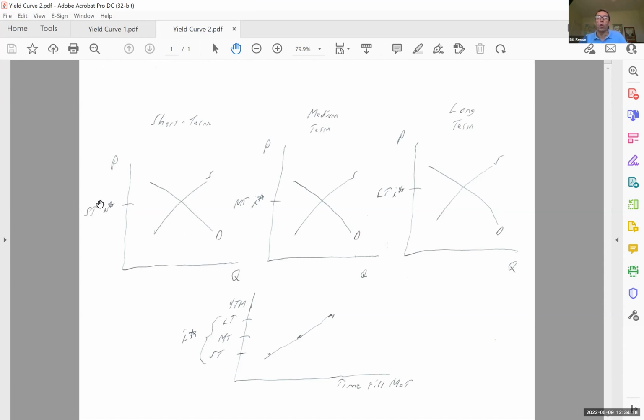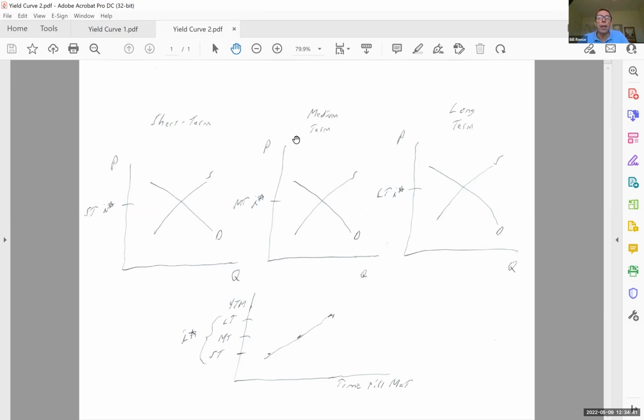This is going to be our short-term interest rate, and it is determined by the demand curve and the supply curve. The demand curve is people wanting to borrow money, and the supply curve is people willing to lend money. So how much do we have to lend, and how much do people want to borrow short term?